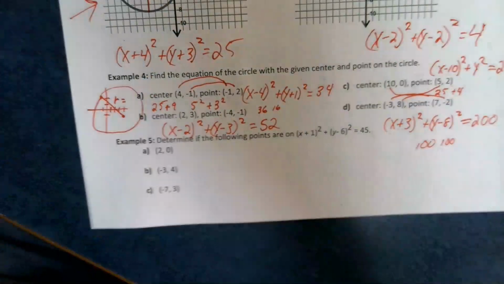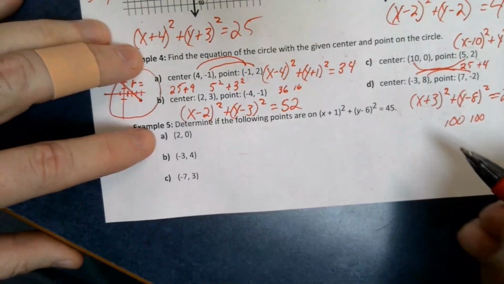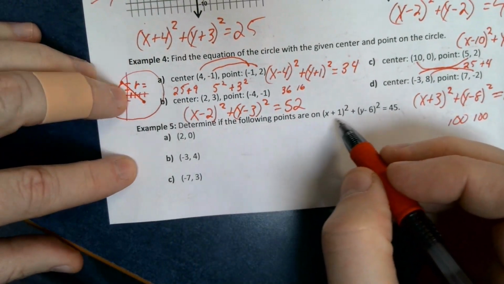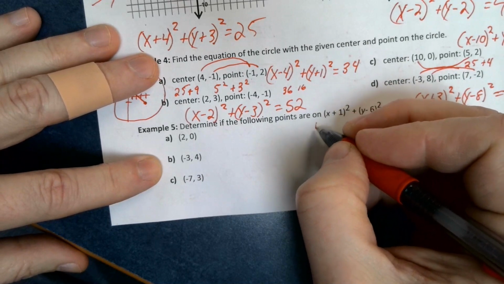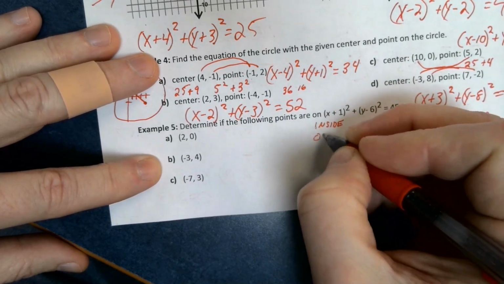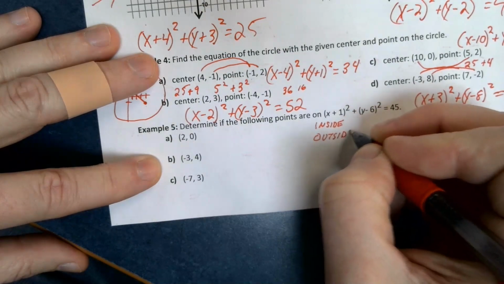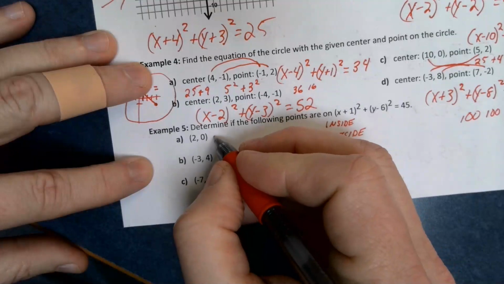The last thing on these equations for circles, following up this big unit on circles, is determining if the following points are on the circle. I really change this to on, inside, or outside. So any of those possibilities. So the first thing I'm going to do is check 2, 0.